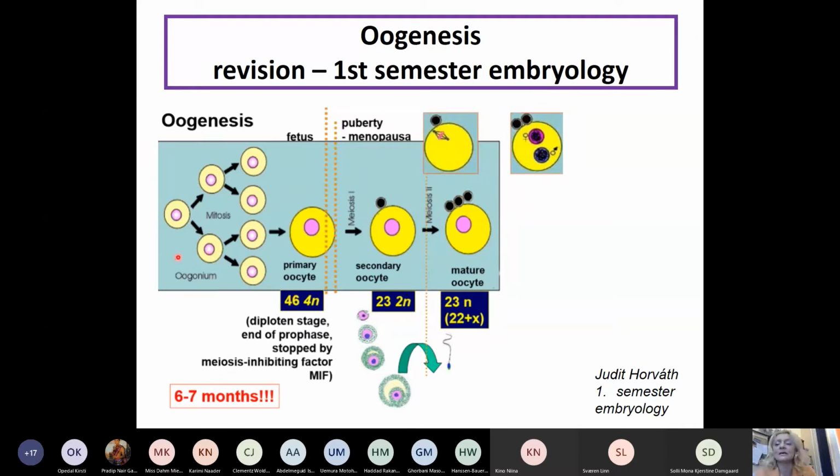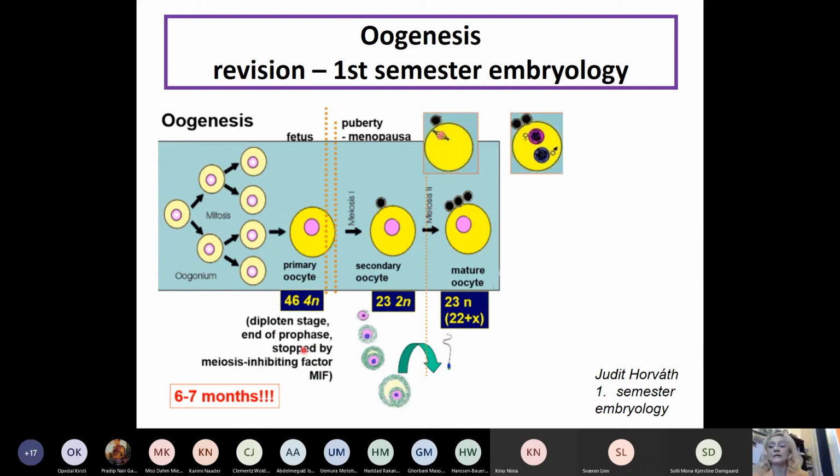So as I said, oogenesis starts in embryonic life, but then will be stopped. All the oogonia will turn into primary oocytes with 46, 4N. And then, thanks to the meiosis inhibiting factor, MIF, the further development will stop.